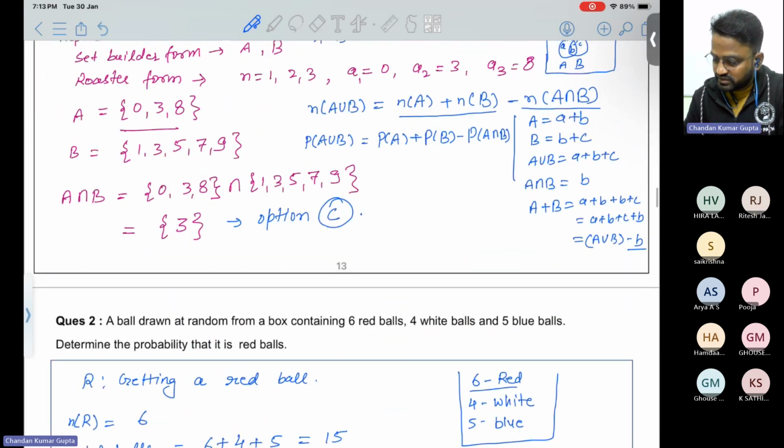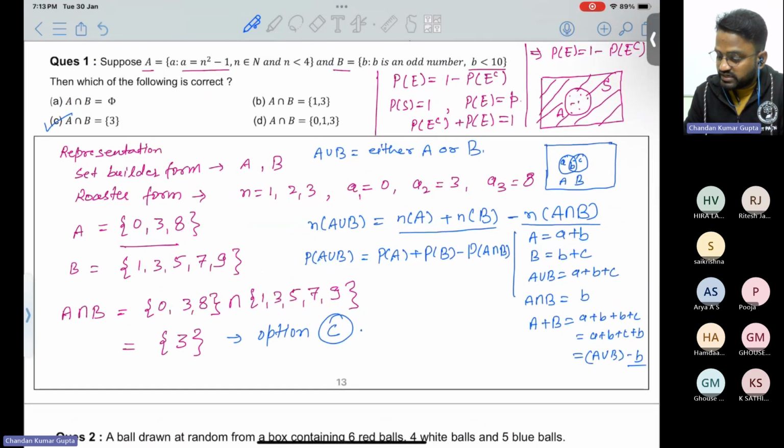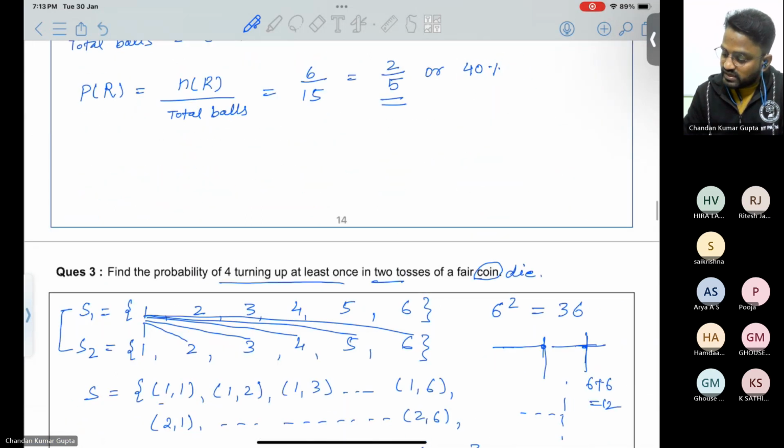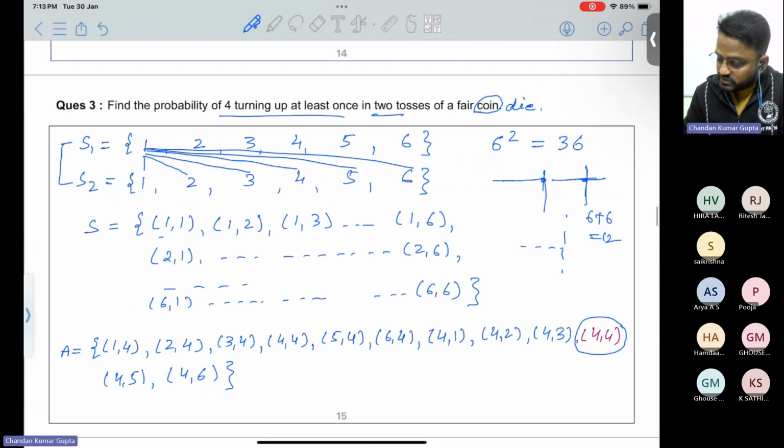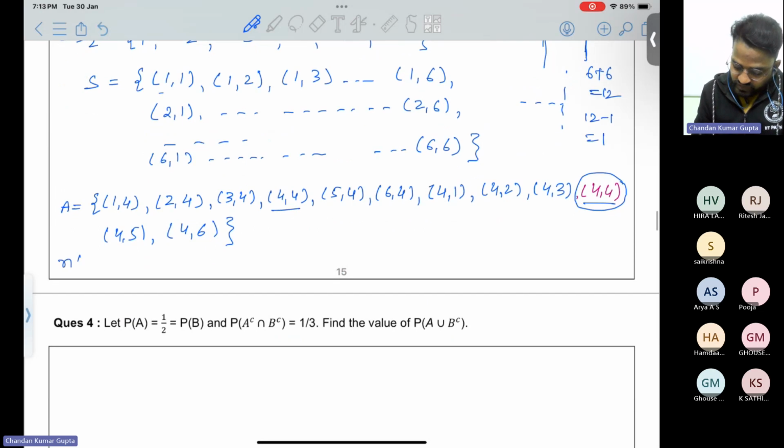That's why I have written here B. It is common and it is included in both A and B. This 4 4 lies in the row and in the column. When we count column wise we get 4 4, and row wise also 4 4, so we subtract 1. So 12 minus 1 equals 11. So the number of elements in A equals 11, and the total number of elements, which we denote with n, is 36.